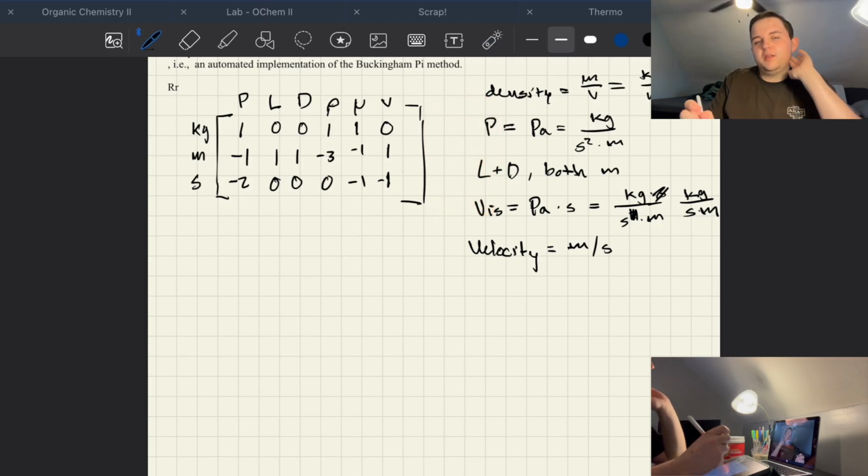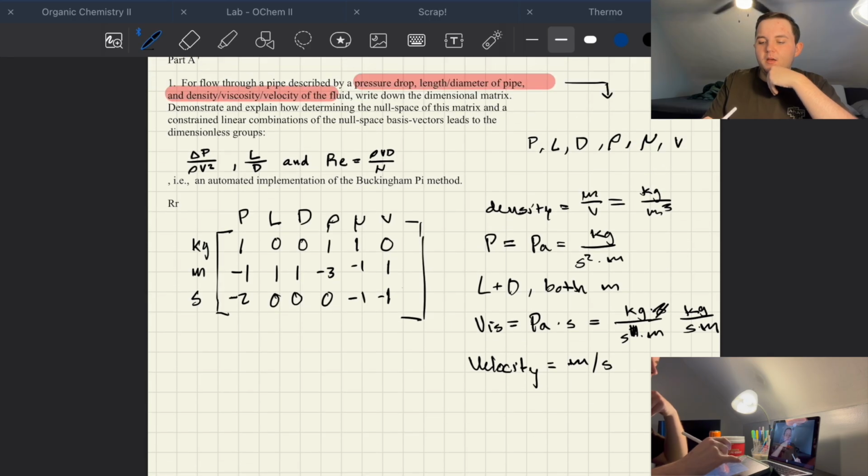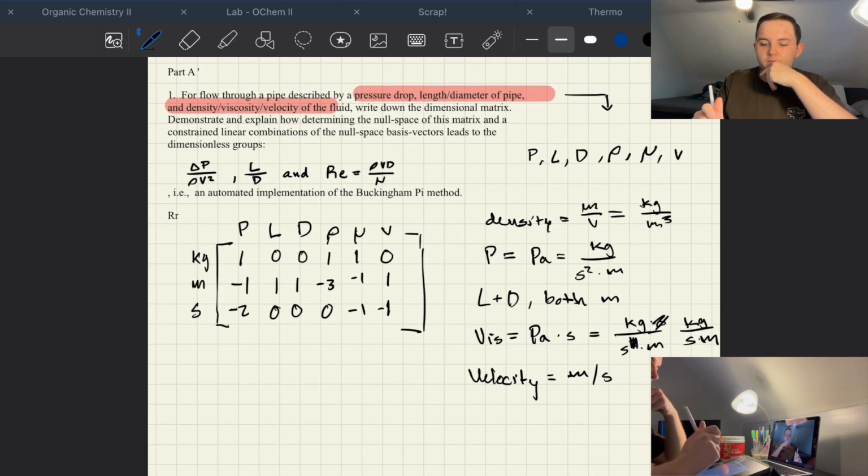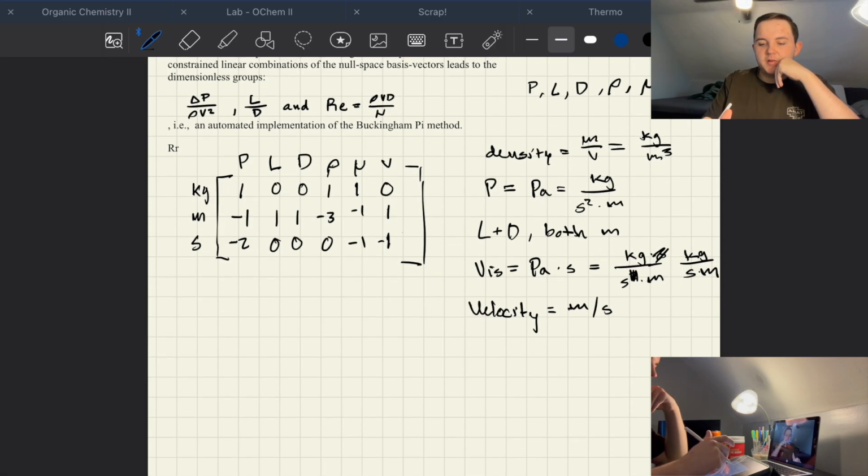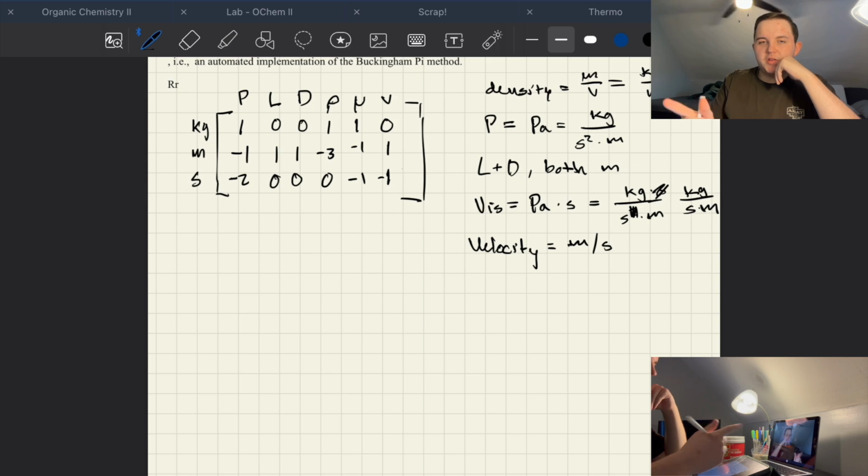So what I'm going to do in this next step is jump into Python and use what we've used in class to get to our dot products and our dimensionless group numbers. So I'm going to switch over my cameras and start screen recording.